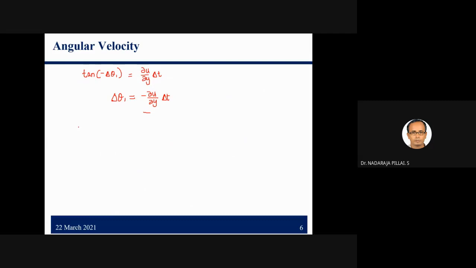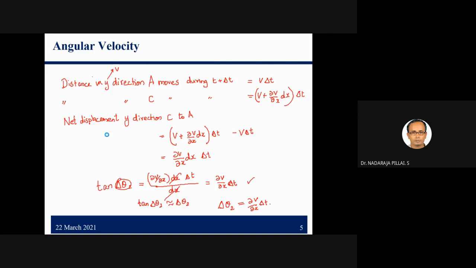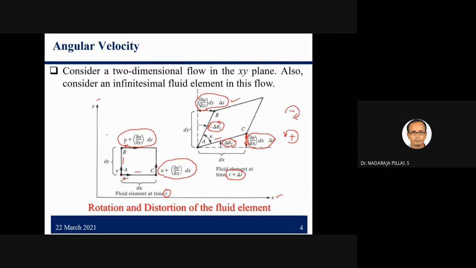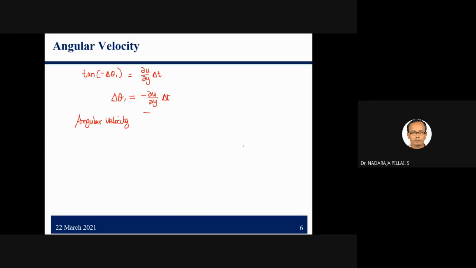So let us write the angular velocity of A, B. This one we can write d theta 1 by dt and here d theta 2 by dt is the corresponding angular velocity.